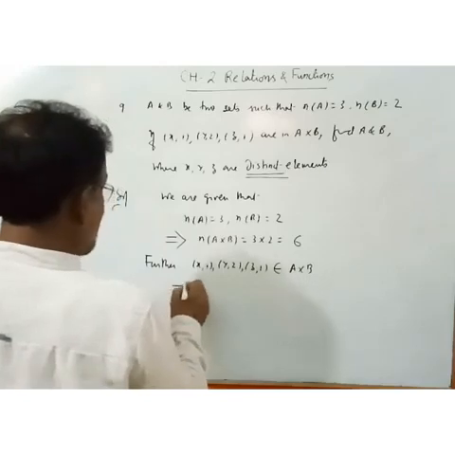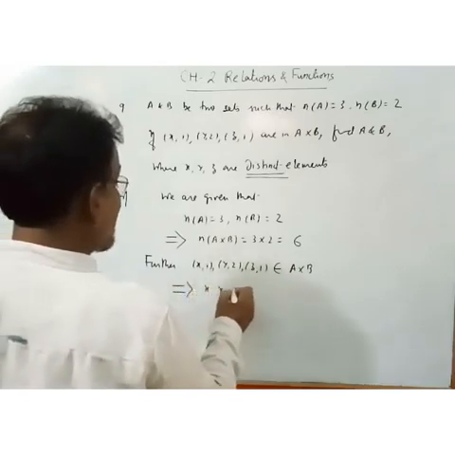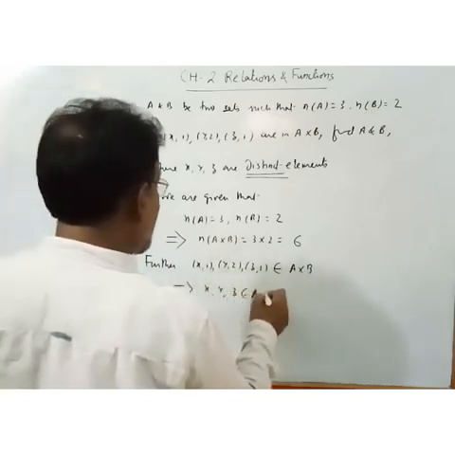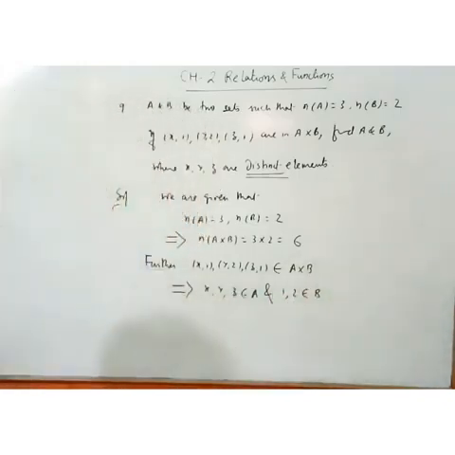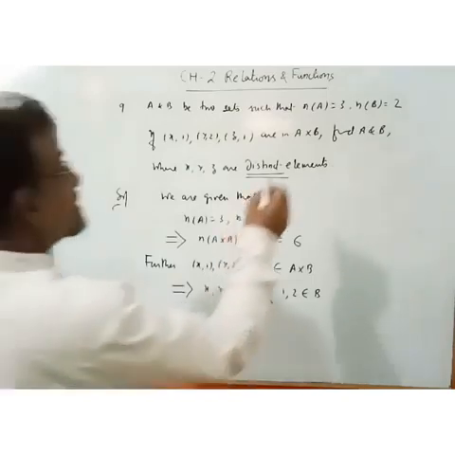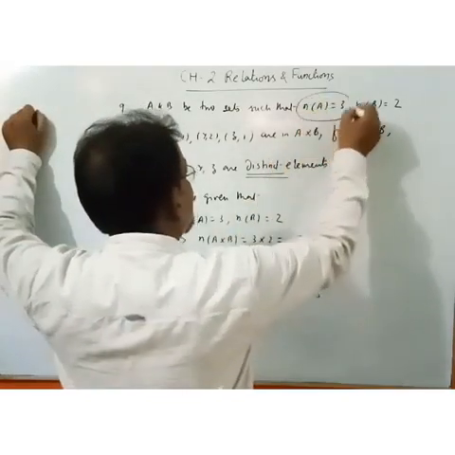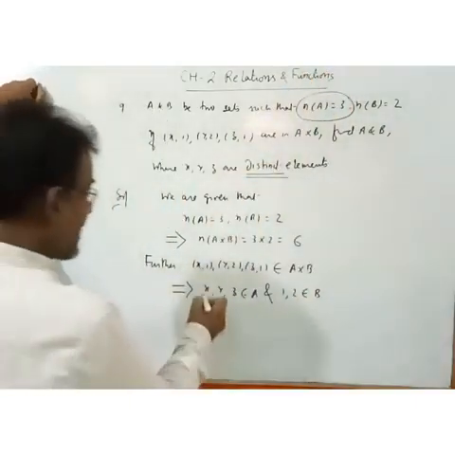Further, (x, 1), (y, 2), (z, 1) belong to A cross B, which implies x, y and z should belong to A and 1 and 2 belong to B.